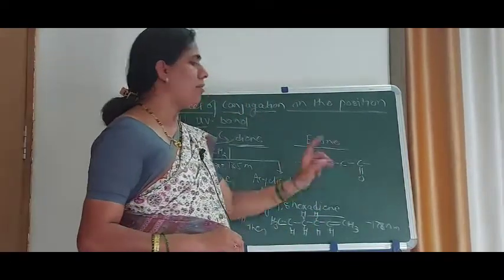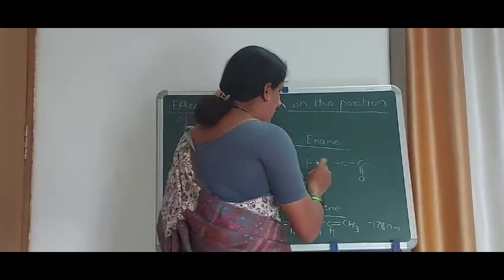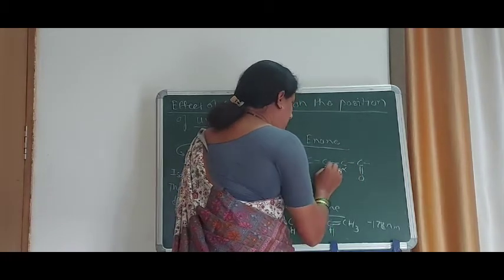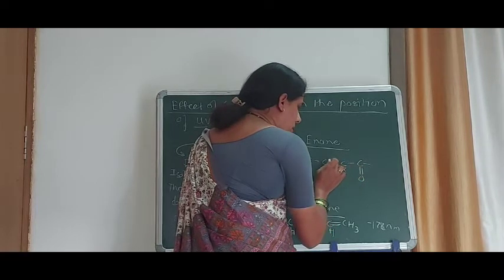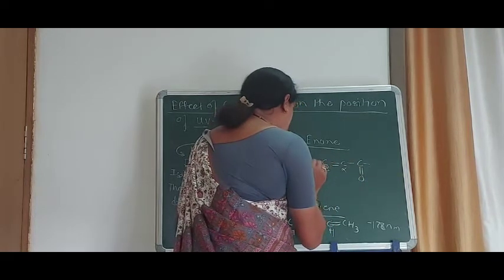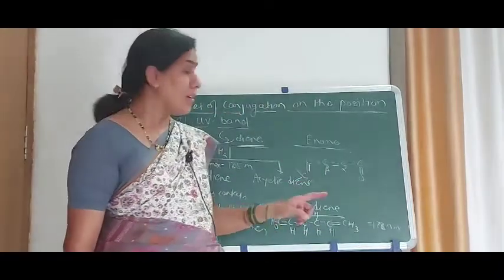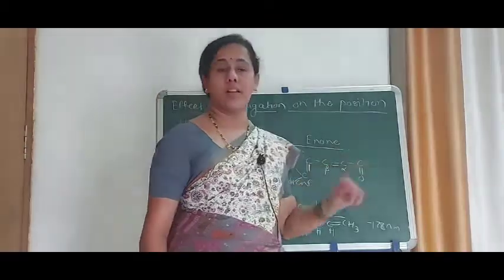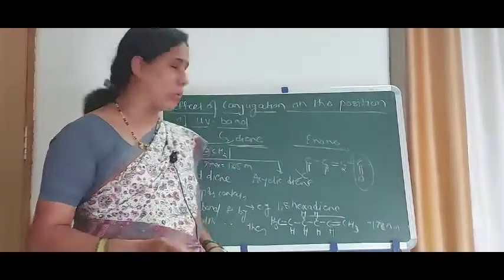If this type of link is present in the given compound, we call it an enone. Enone means the presence of a carbonyl group.